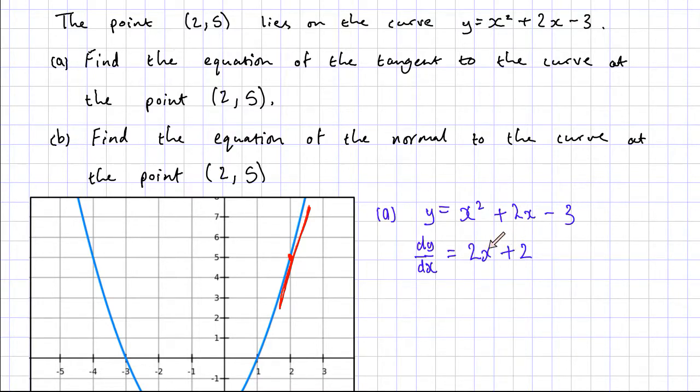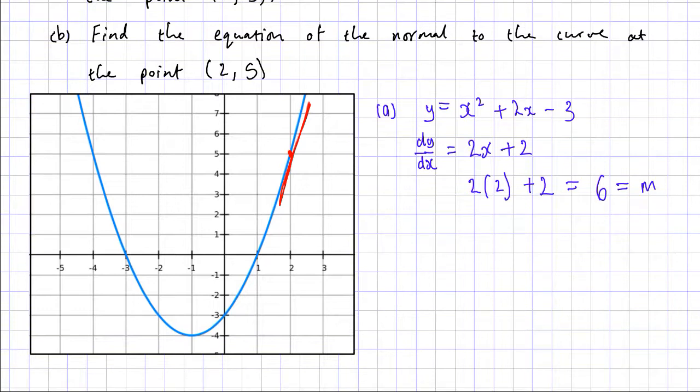Now to find the gradient at this point (2, 5), I need to substitute the value of 2 for x here. So the gradient at the point is 2 times 2 plus 2, that's 4 plus 2, which is 6. So this is going to be my m, the gradient for my tangent. So my m is 6.